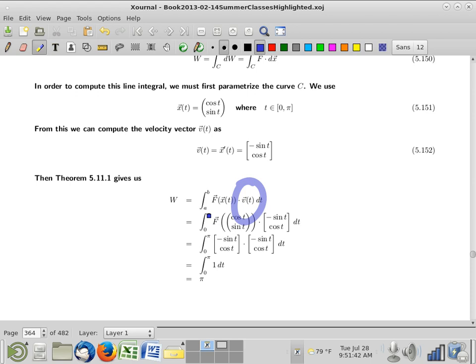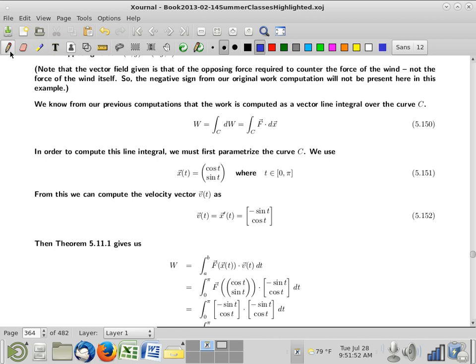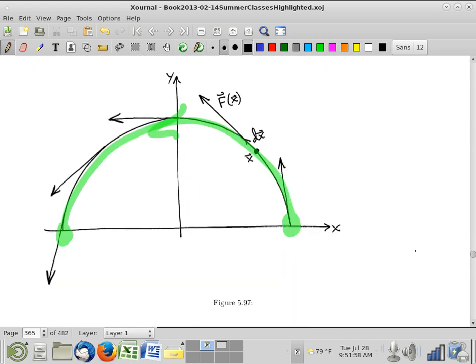Much nicer. Okay, yes? When we parameterize, why is the domain conserved? Yeah, so let me draw a picture of the path. Here it is. We started at (1, 0), and we end at (-1, 0).